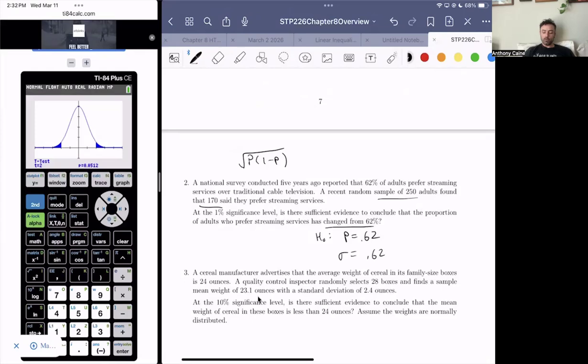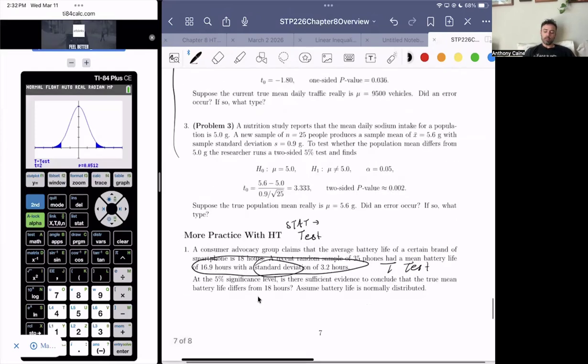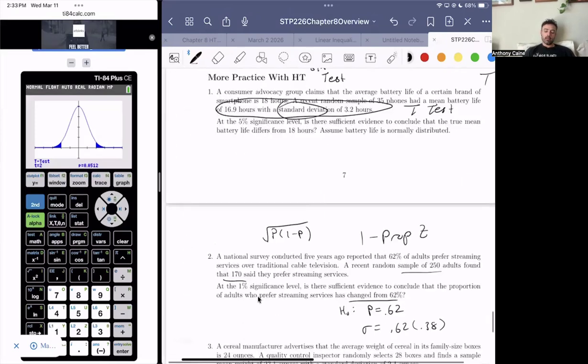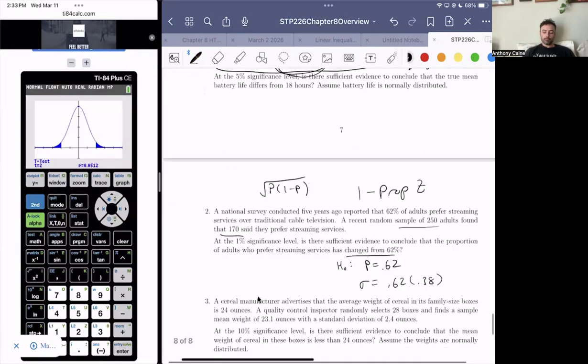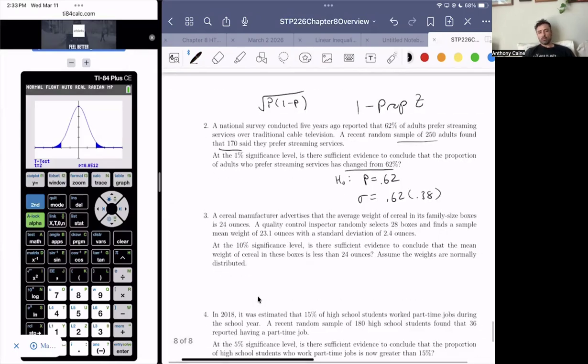It's 0.62 times 1 minus 0.62, which is 0.38, square root. It's this computation. So they don't need to tell you. It's implicit. But anyway, this is going to be a 1 prop z, whereas this is going to be a t, right? And so if it has standard deviation, t-test; no standard deviation, it's props.